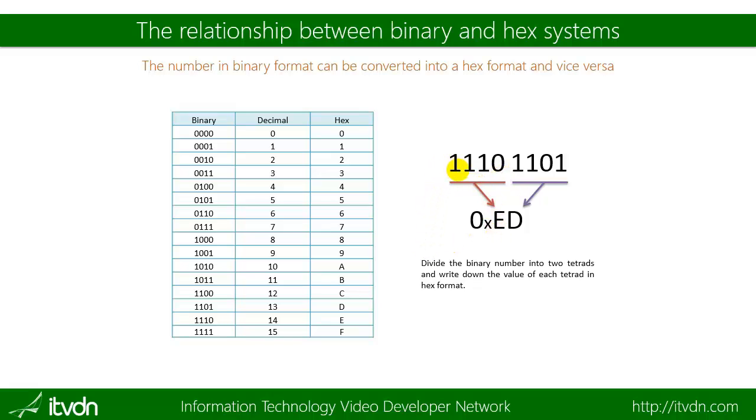In this case, we have 1110. So 1110 in our table is E. We write E. Then again, we have 1101. We look for 1101. We have found it.